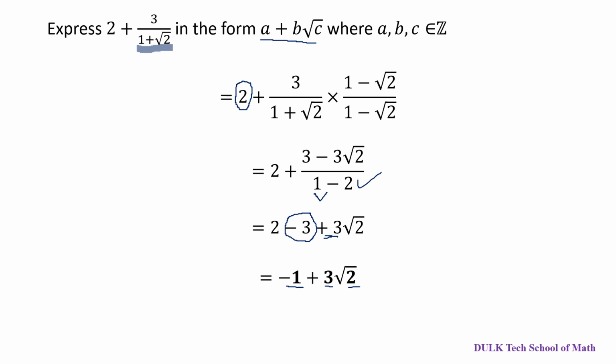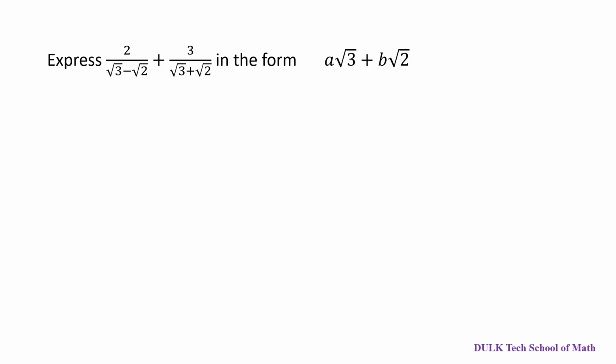Let's move on to our next example, example 2. Right, moving on to our second example. Express 2 over root 3 minus root 2 plus 3 over root 3 plus root 2 in the form a root 3 plus b root 2. Right.